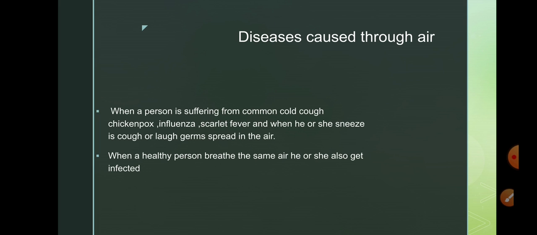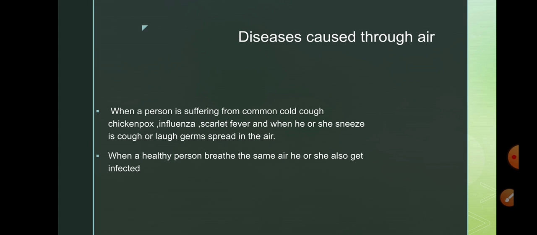And when a healthy person breathes in the same air, he or she also gets infected. This is the pattern by which coronavirus spreads from one person to another. When a person with the virus sneezes or coughs, the germs spread in the air, and if a healthy individual inhales that air, he may get the same disease.